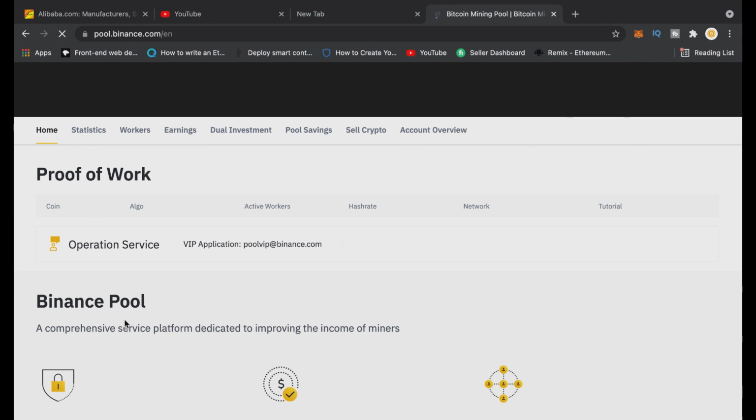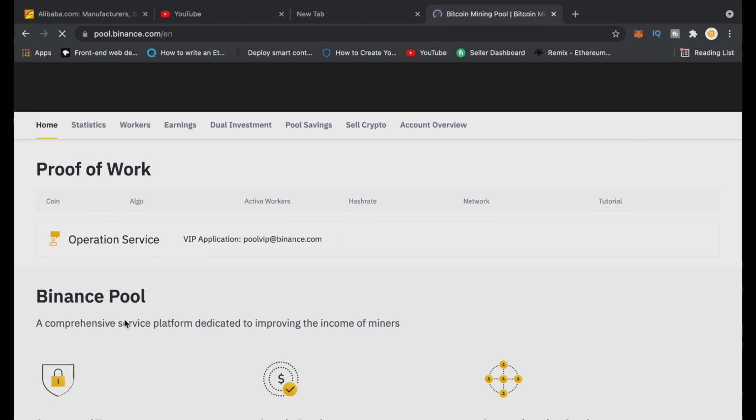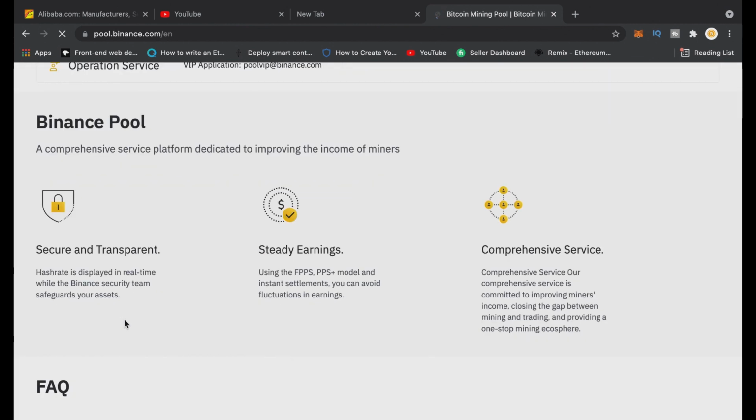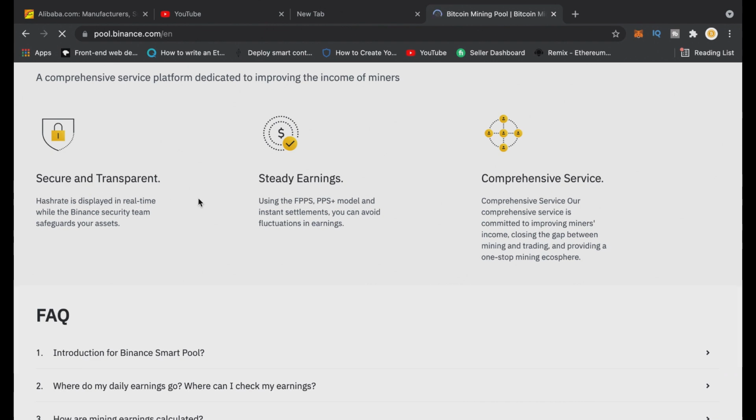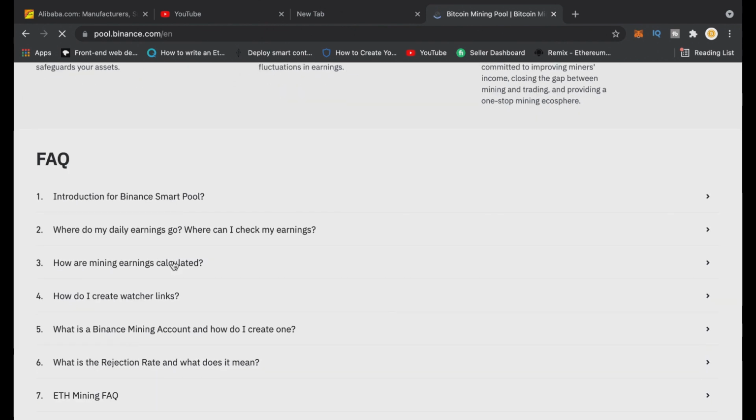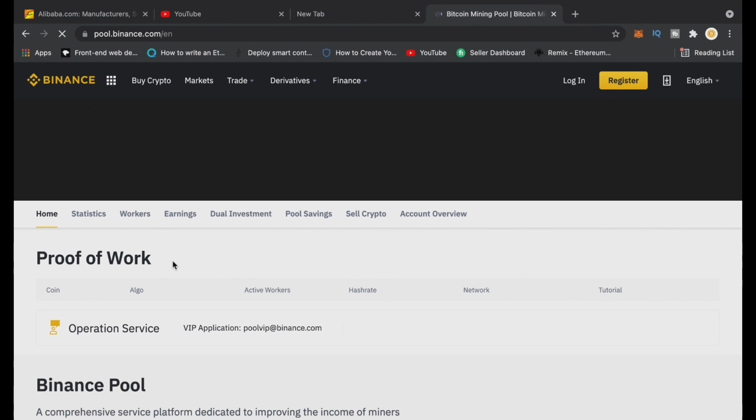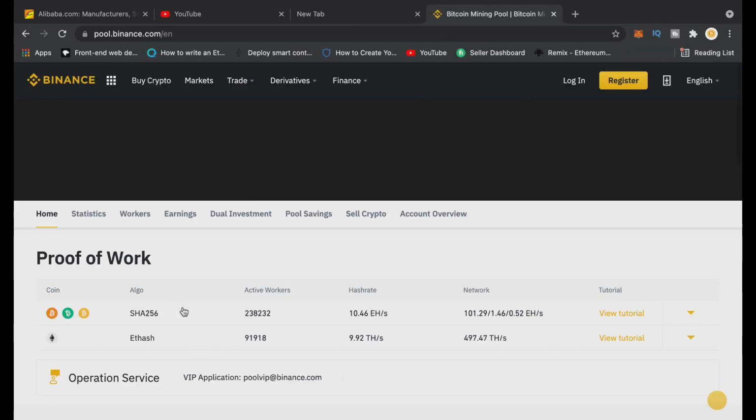There is steady, secure and transparent earning services. If you're logged in, you will see the whole platform, what it's all about. There will be savings, investment, and stuff like that. A lot of activities are going on here. So once you have your account, just try to log in and get some of these activities.